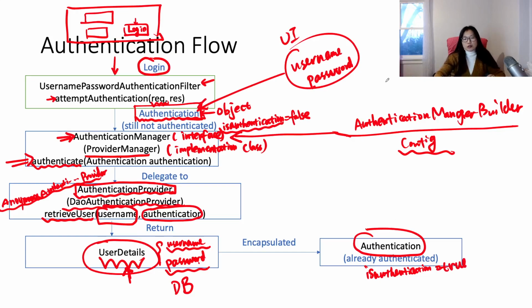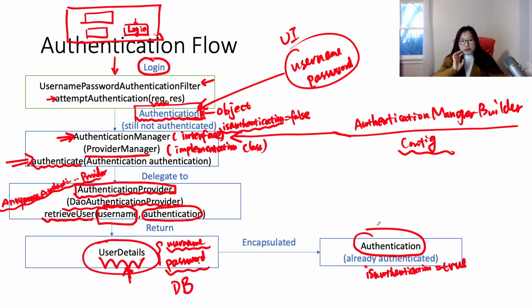And also it will do other things like put the authentication object in thread local, and eventually it will put the authentication into the session, because later on when the user makes consecutive requests, it won't need to log in again, right? And in our case so far, we were using session to manage, and that's other things we will introduce later. Okay, so for now, we just briefly introduced the flow.